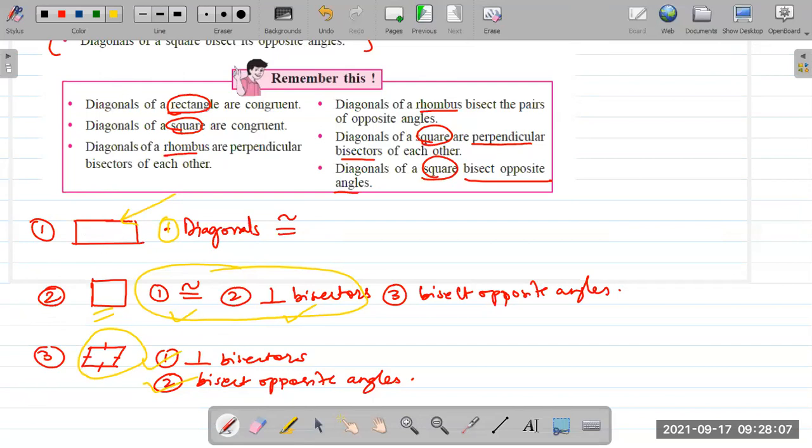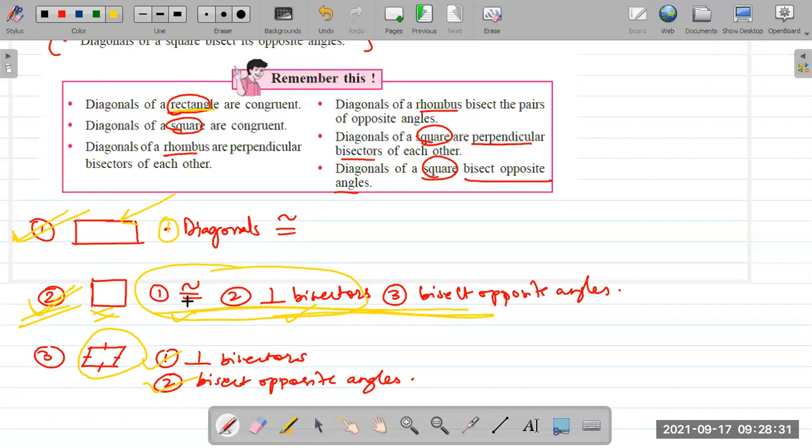You can note here that for a square, these three properties are there. Maximum properties for a square and minimum properties, only one property, for the rectangle. Okay, only one property, that the diagonals are congruent. But if you notice, the square has all the properties of a rectangle also and of a rhombus also.